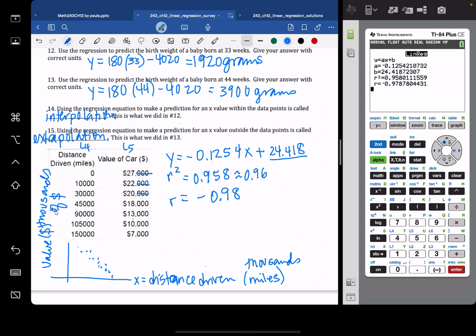So a car with 0 miles on it will cost $24,000 according to this model, and that's me rounding.